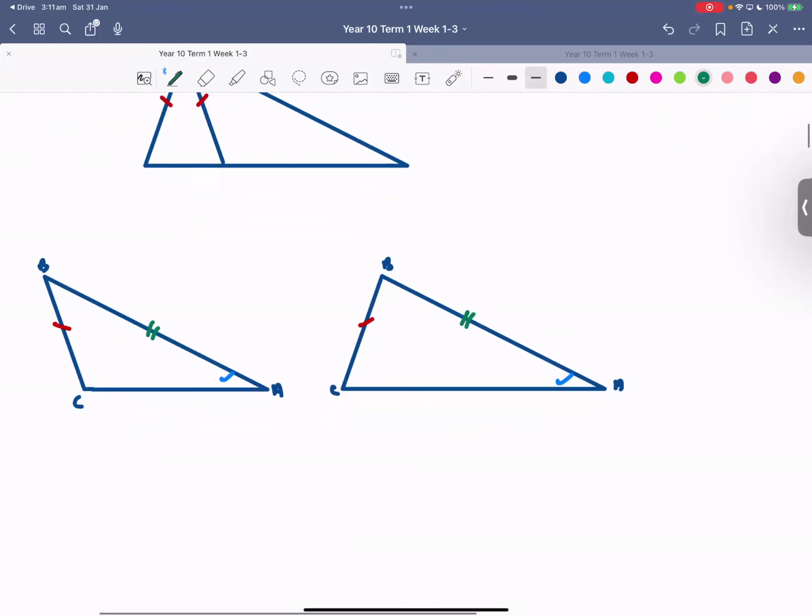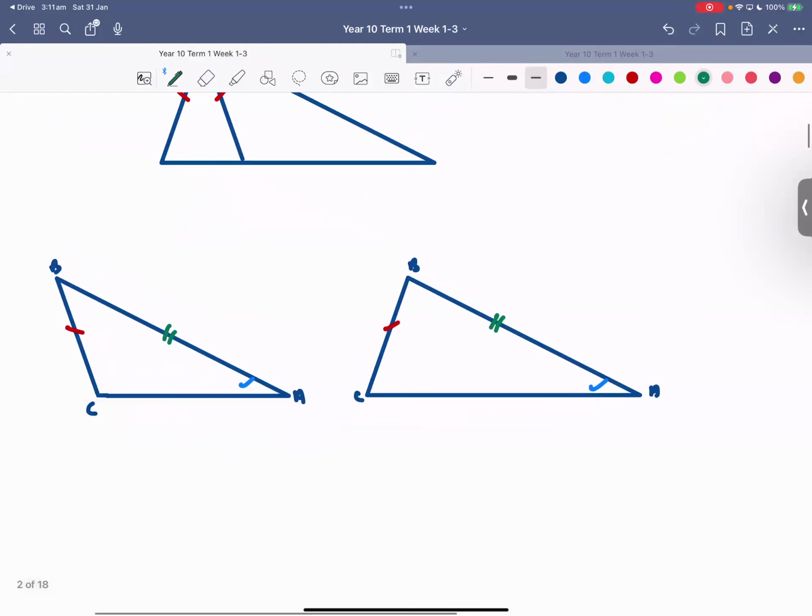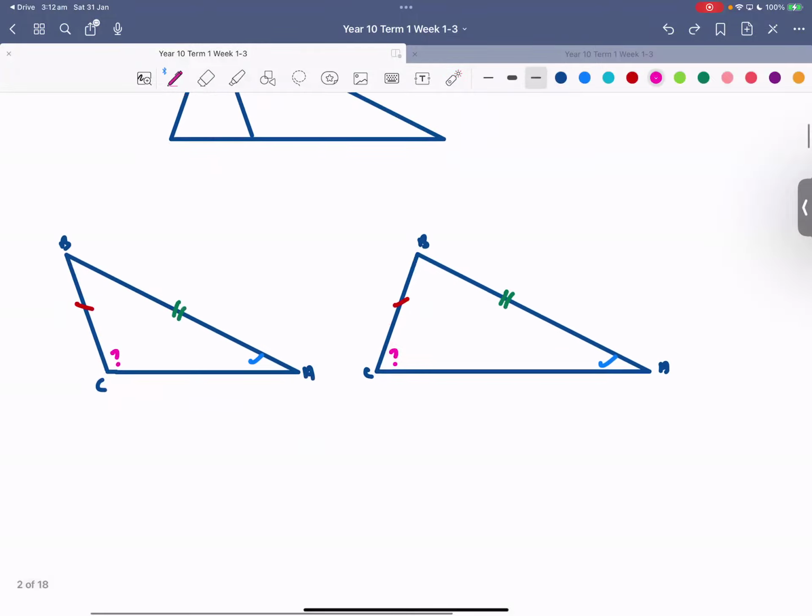Alrighty. So Krish, let's pretend I'm trying to find out what this angle here is. One's clearly acute and one's clearly obtuse. How would we find this angle, guys? What would be my working out?